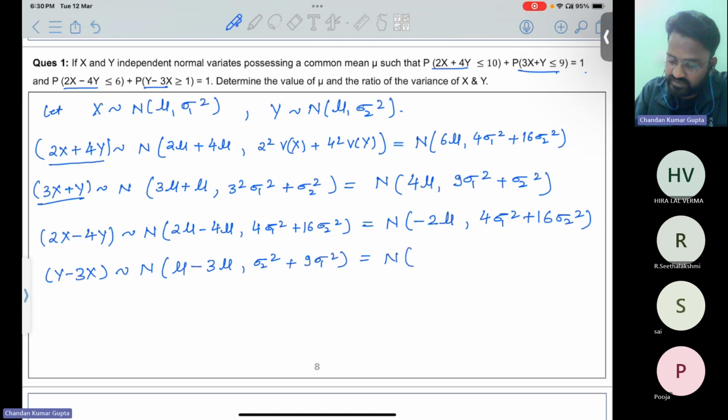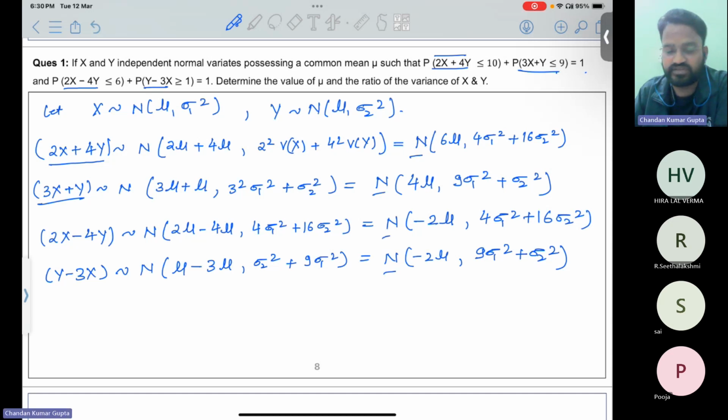That means a normal distribution with mean minus 2 mu and variance 9 sigma 1 square plus sigma 2 square. Simply, we have four transformed variables here, and we have found the distributions of these transformed variables. Both are normal with different mean and variance.